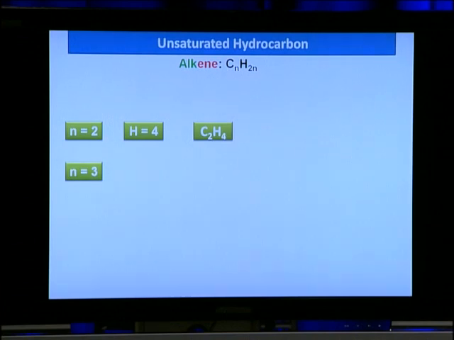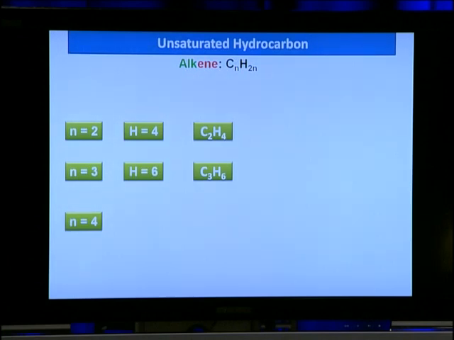Then when n is equal to 3, H should be equal to 6. So in case of alkene, the number of hydrogen atoms is just double the number of carbon atoms. And this is the formula of this compound, C3H6. Now when n is equal to 4, H should be equal to 8, and we have the formula of the next member of alkene as C4H8.